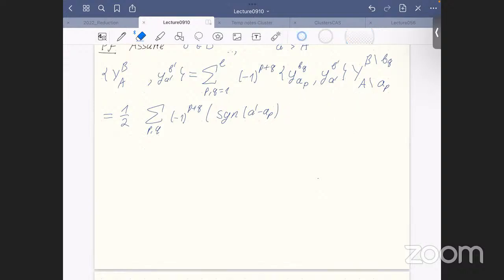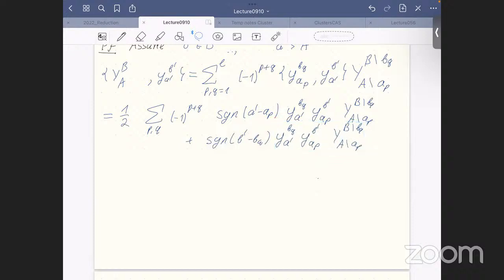now, well, I'll write it as a sum of two terms. So A prime minus AP we have here, then Y prime Y AP. Sine, and now this is equal to 1/2 sum.